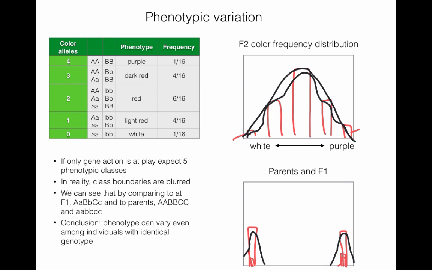So for the F1, again, you expect it to look like this, but instead you may get an F1 that looks like this. So this would tell you that this deviation from the ideal center here is the effect of the environment. And then the total phenotypic variation is actually a result of both the genotype and the environment.